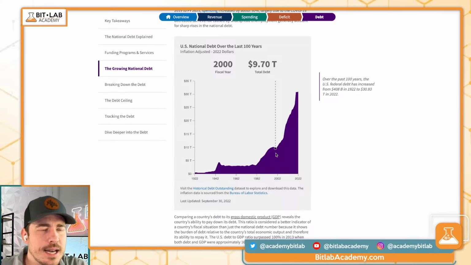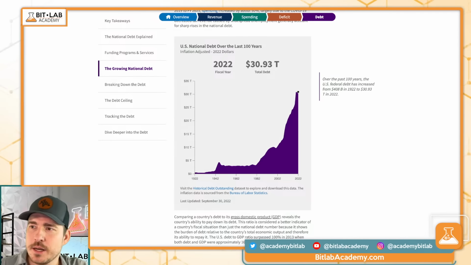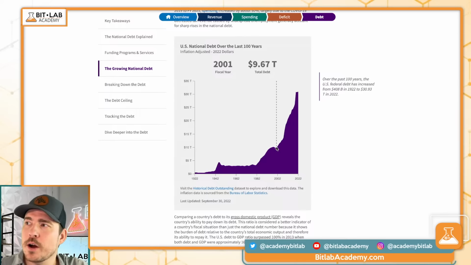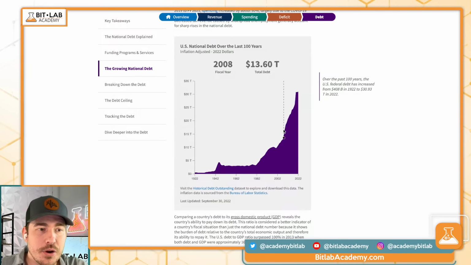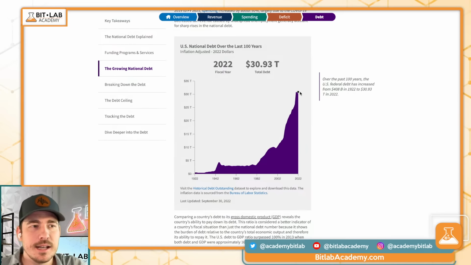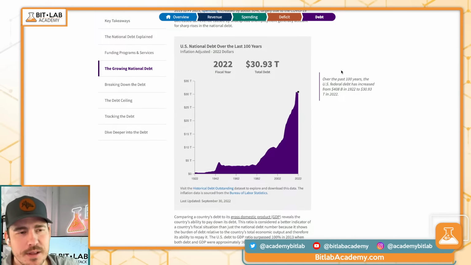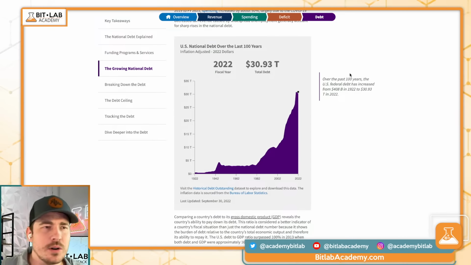We can see we had 9.7 trillion. From 2002 until where we are today, this is more than a 3x in national debt in the same time. It's just completely unfathomable what's going on here.